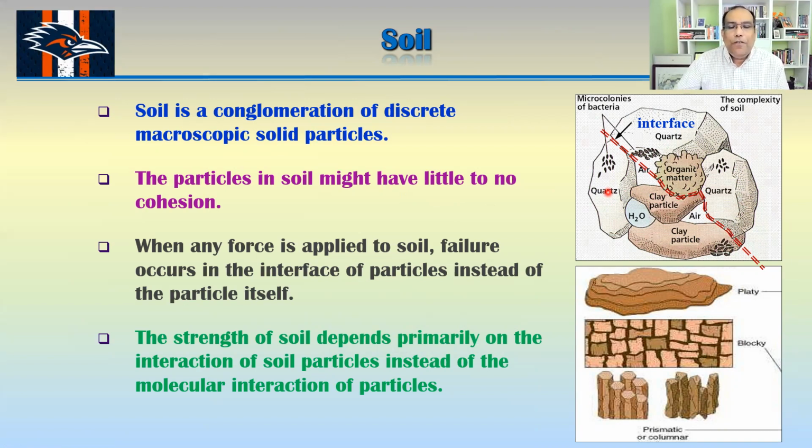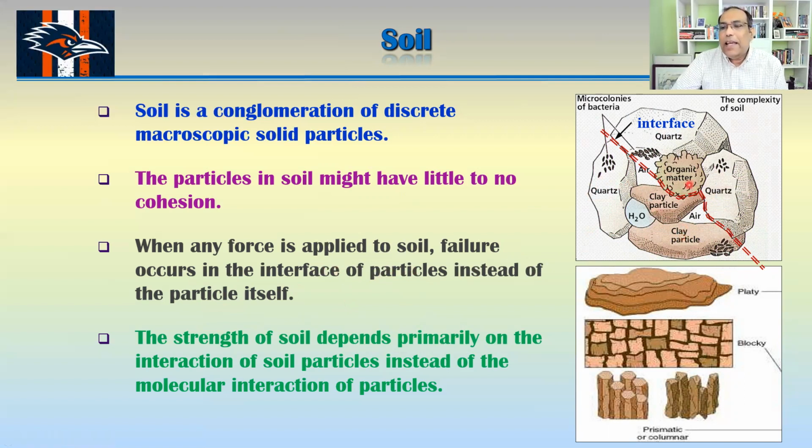Now, when any force is applied to soil, then failure occurs at the interface of the particles instead of the particle itself, which is very, very different than solid material. You see, if I apply any force here, then actually this quartz is not going to break down, or this one is not going to break down, or this clay particle is not going to break down.